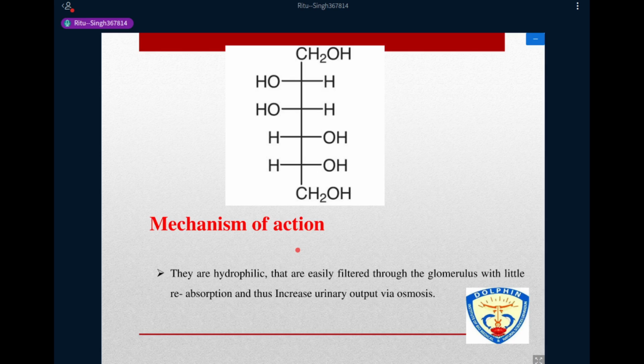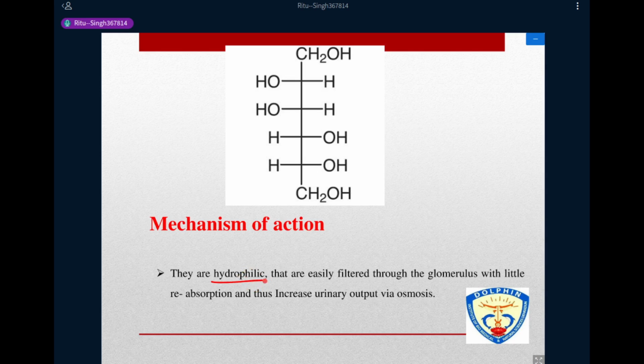Now the mechanism of action of osmotic diuretics: they are hydrophilic drugs. What is hydrophilic? Anjali answers that it is water soluble. Okay, right, Anjali.